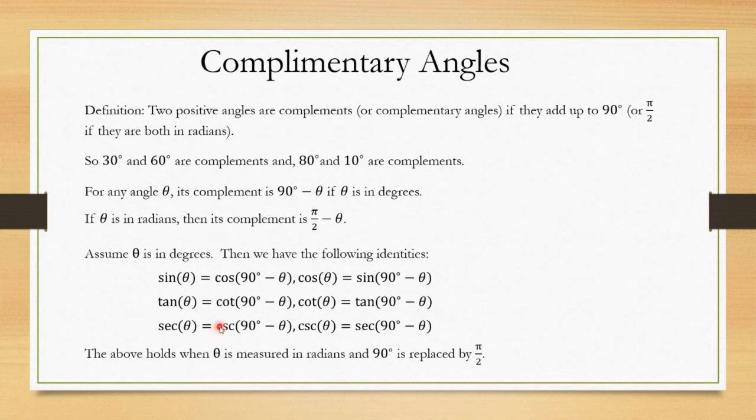We also saw this when the angle was 45 degrees. 45 degrees is its own complement, so sine of 45 degrees and cosine of 45 degrees are the same. This is also a reminder that if theta is in radians and 90 degrees is replaced by pi over 2, the identities still hold.